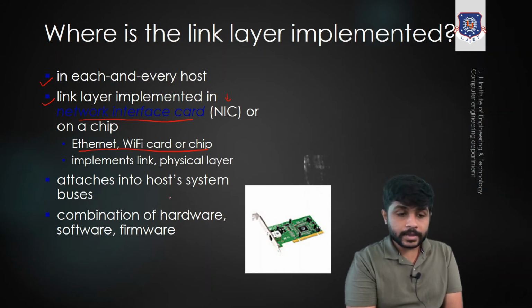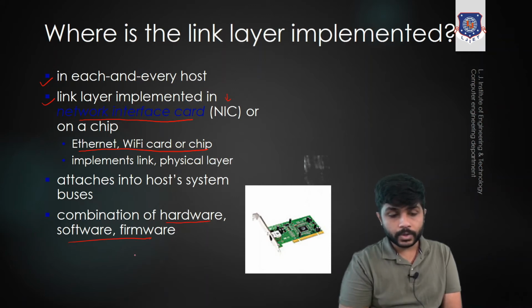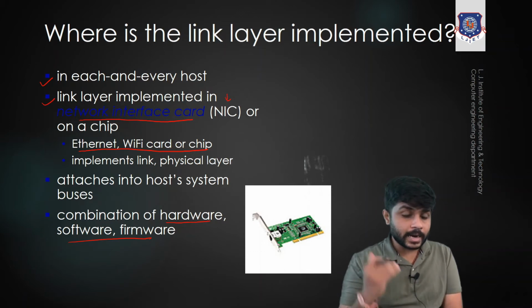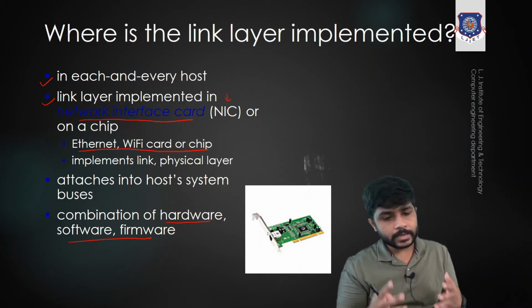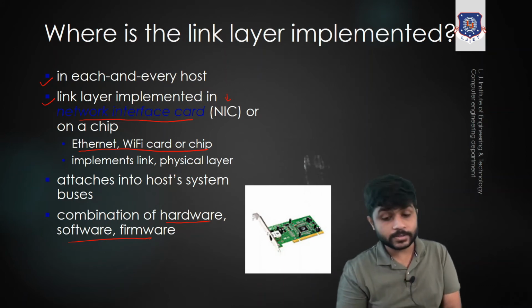The data link layer is a combination of hardware and software. We will see that it is not only present at the hardware layer, it is also present at the software layer.